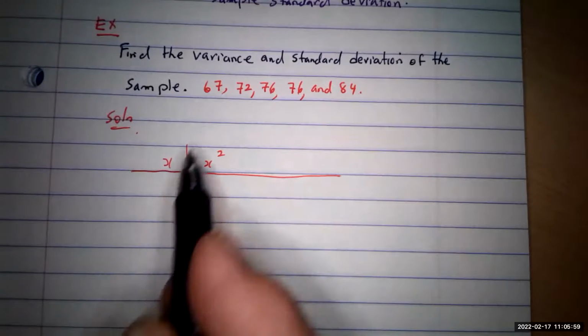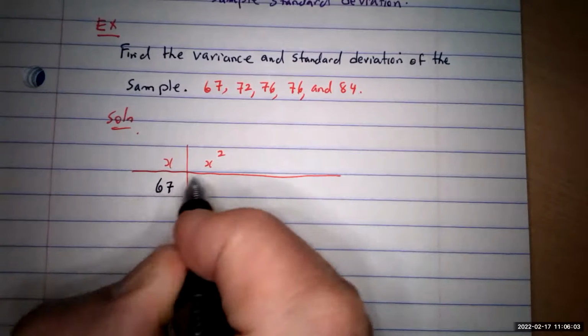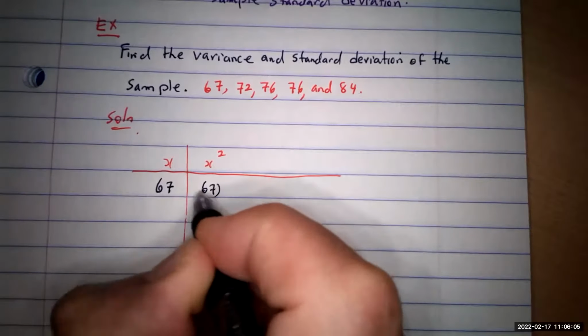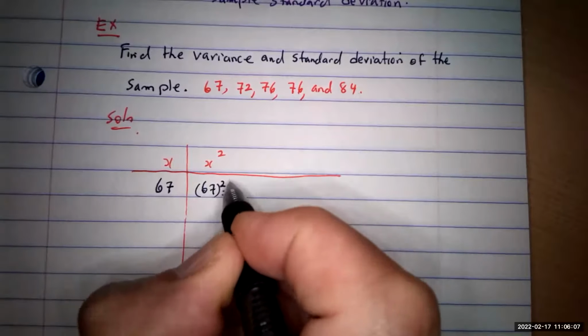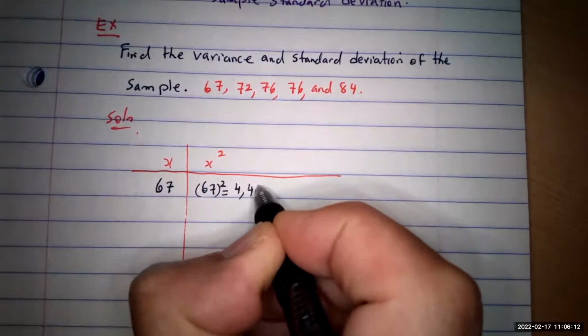Okay, so bring the numbers again. We have 67, then you square it, 67 squared. Just to give you the numbers, the calculator will do it for us: 4,489.